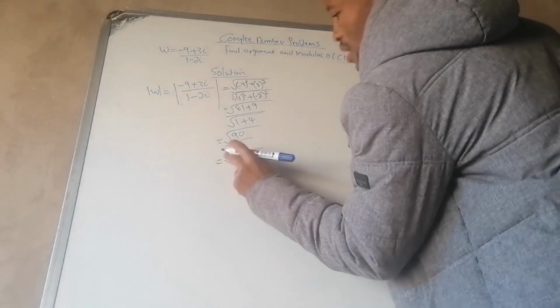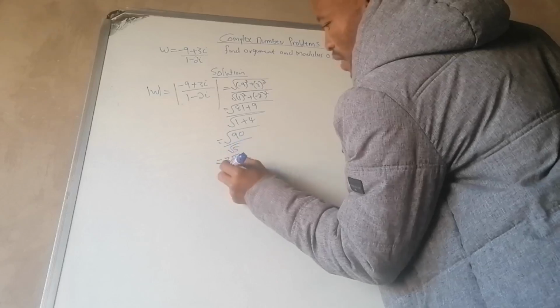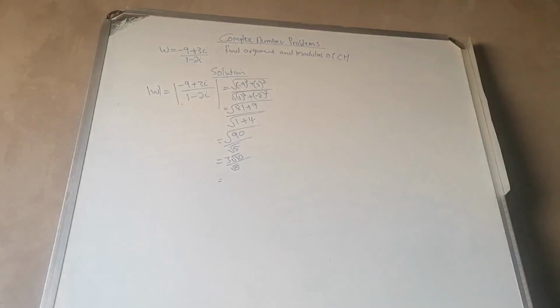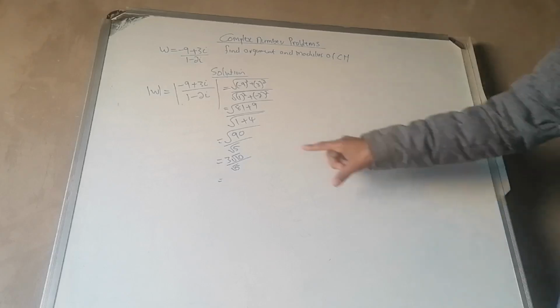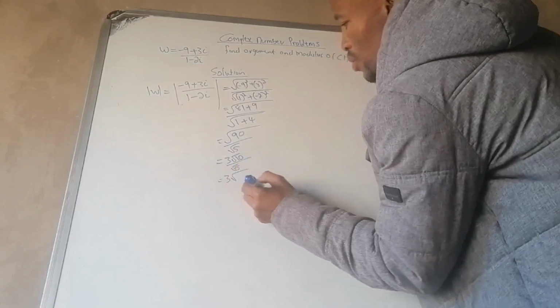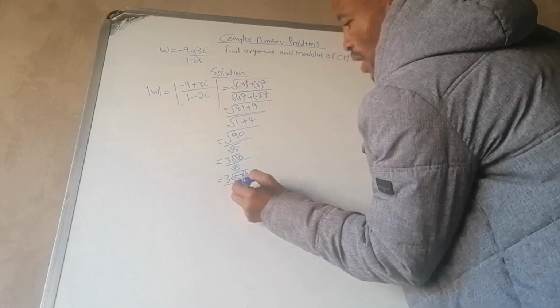So this is 3 root 10 divided by root 5. That's exactly what you will get. And then once you have that, you can simplify this. I know that root 10 is root 5 times root 2, all over root 5.